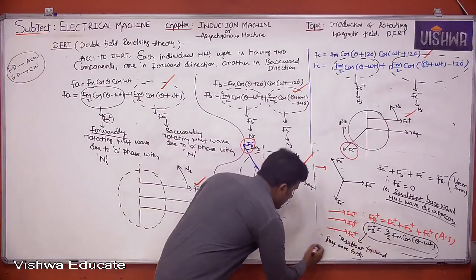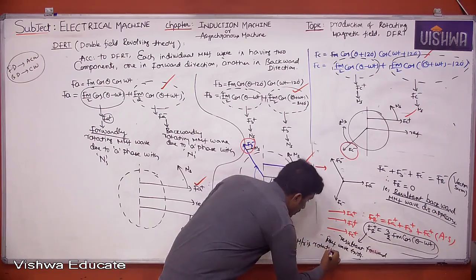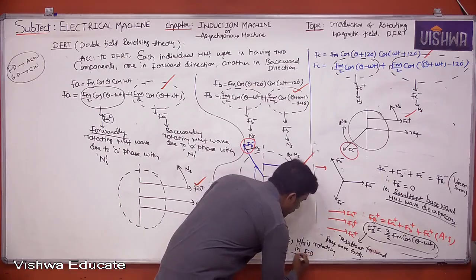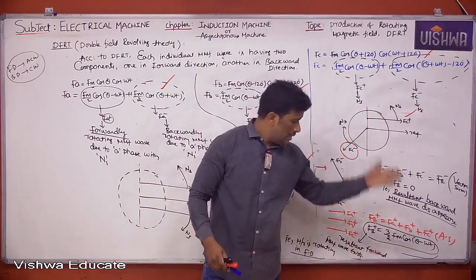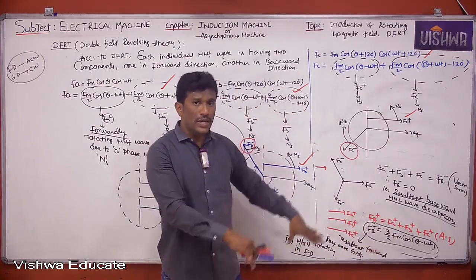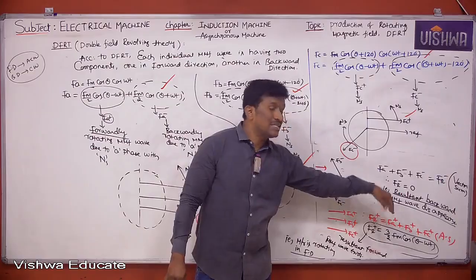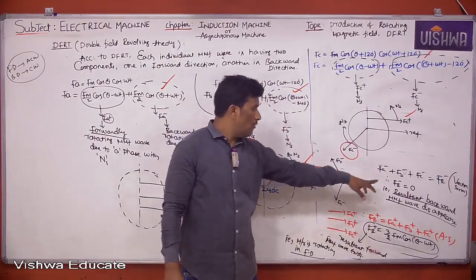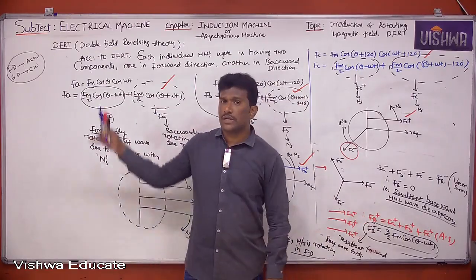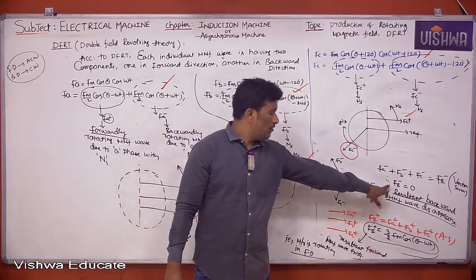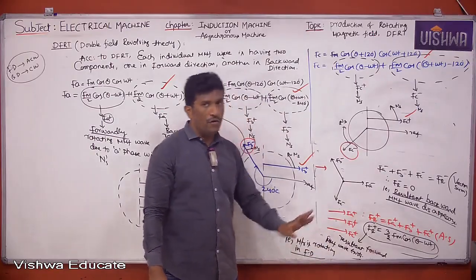In this case, let me write here, the motor is rotating in a forward direction. Whatever we had taken previously, 3 by 2 Fm cos of theta minus omega t, same only we are getting, but I am just clearly showing here how your resultant backward MMF disappears, how they cancel each other, how FR minus is becoming 0, and only FR plus is there. This can be explained by using the double field revolving theory. There I showed FR minus equals 0, only FR plus is there. That means the motor is rotating in a forward direction.